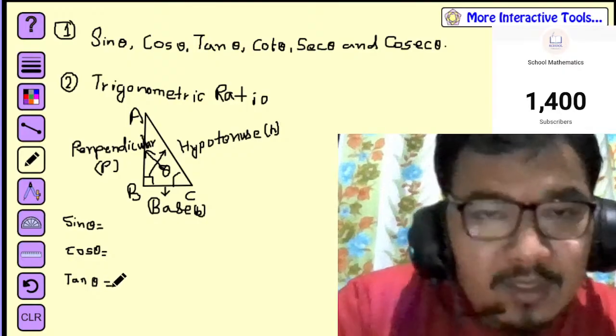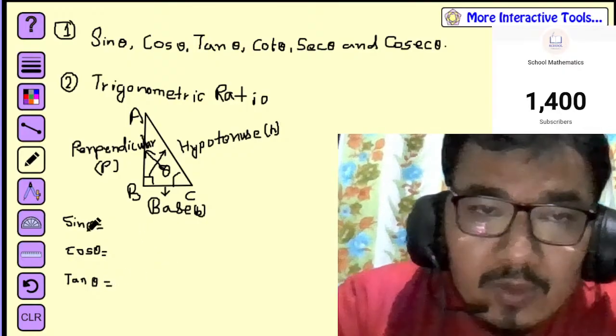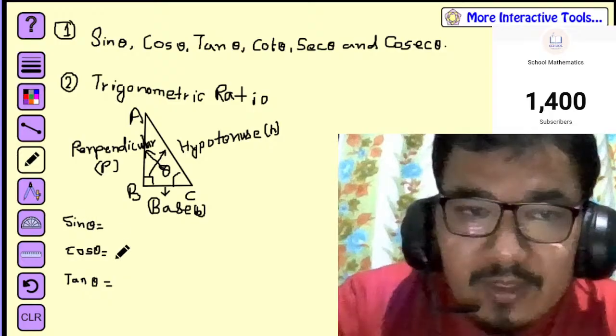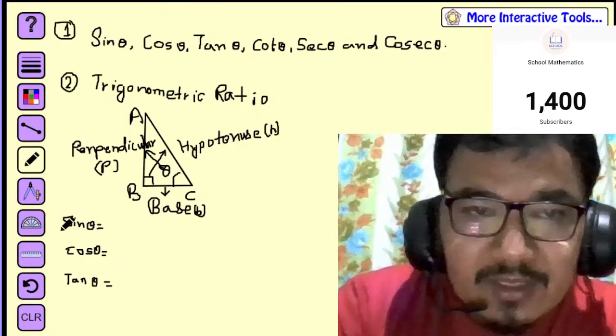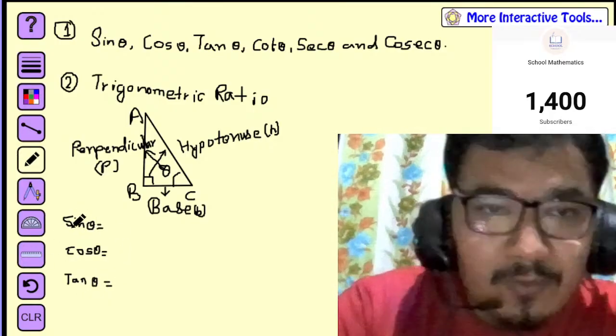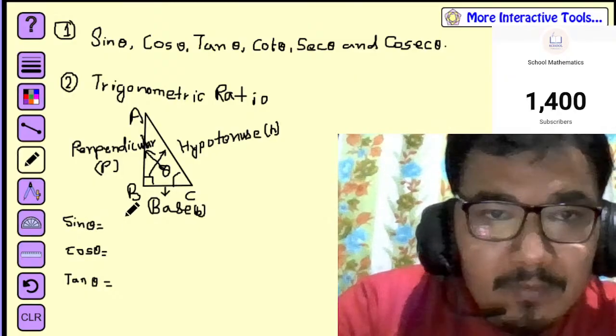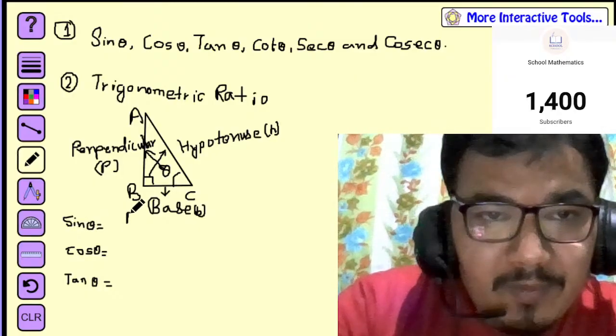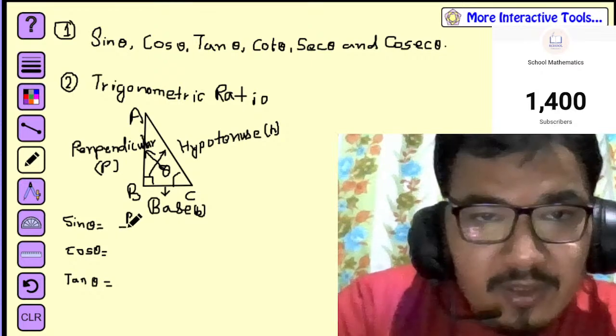Then look here, I will tell you a technique. S is for sum, people, where p is for people, but actually its meaning is perpendicular.